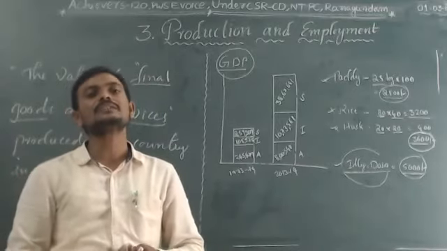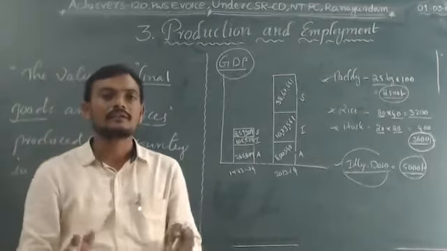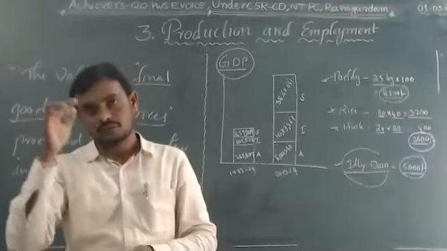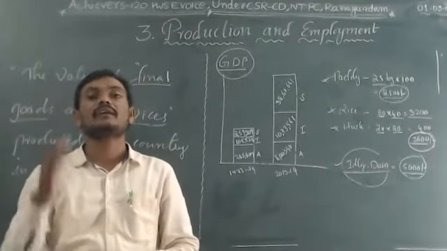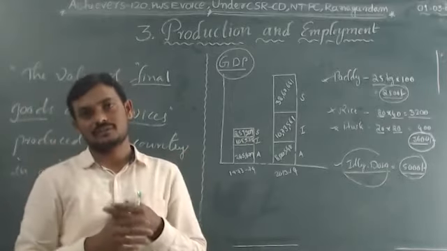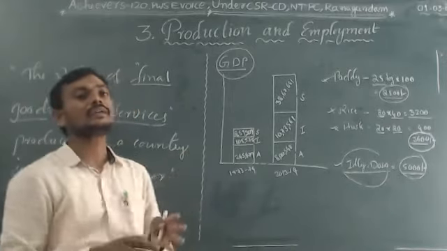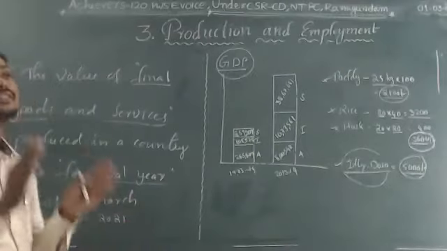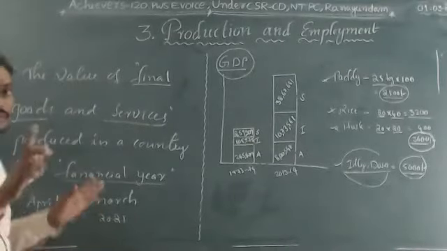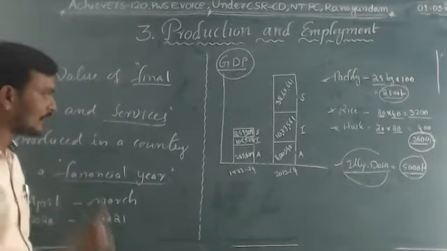So that is why we do not consider intermediate goods for calculating GDP. We have to count only the final value of goods and services, but not intermediary goods. Clear? So that is why the student has to estimate GDP by taking the value of final goods and services only. That should be remembered. Okay.